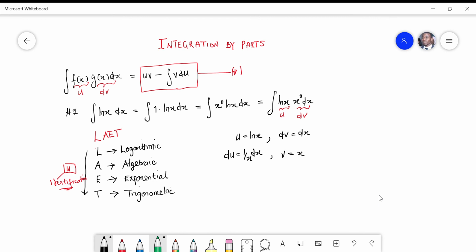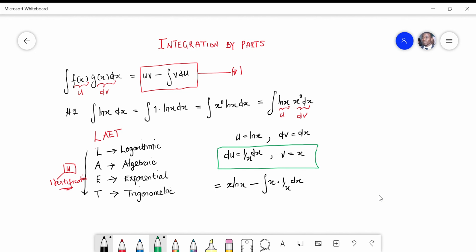So let's put all these things that we have here, and then we slot them in asterisk. So it implies that our integral is going to be uv. So uv is what? u is our ln x and v is x. Followed by minus the integral of v, which is x, times du, which is 1 over x dx.